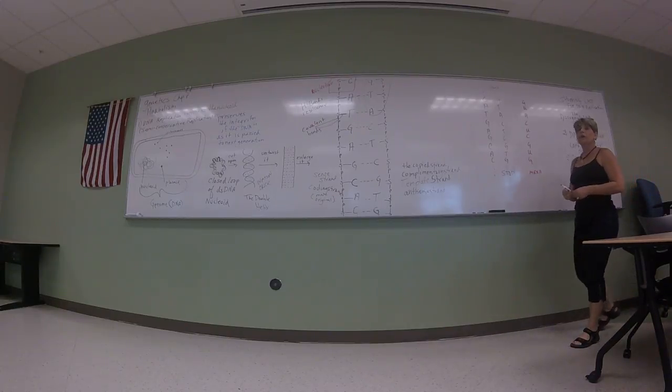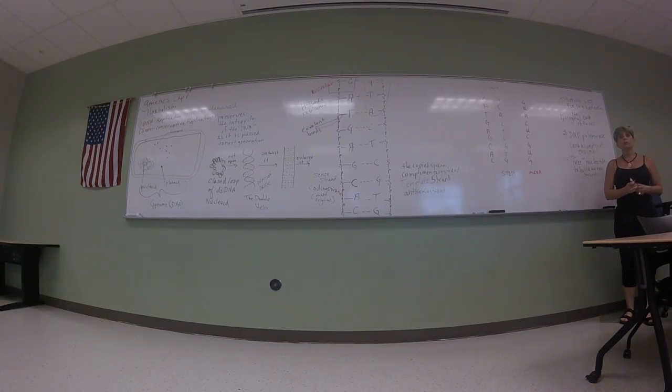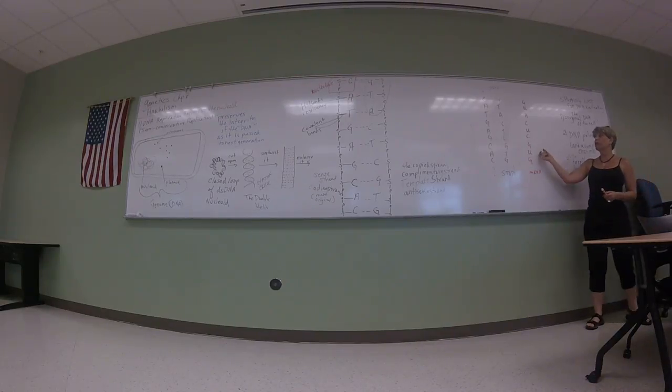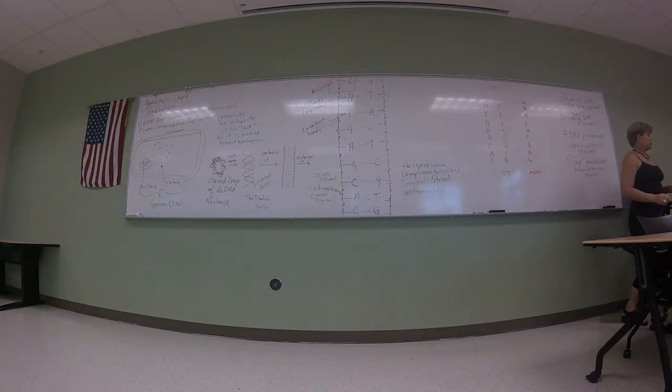And then he would say, okay, now I want you to go to the table in your book and look up what codons these are for. Who's got a textbook with them? Good. Go to chapter 7. I forget what page. There's a table of codons, mRNA codons.